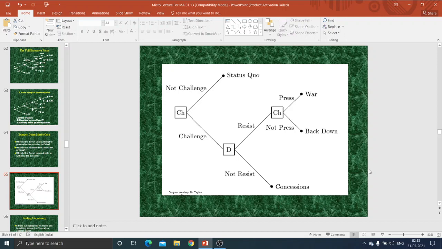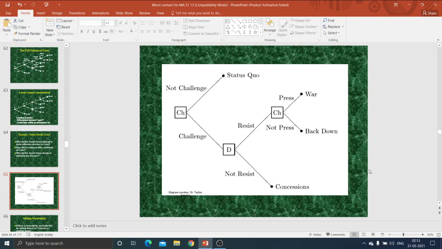Now, if they resist, then there are two possibilities for the Russians, because it's a sequential game in that sense. They can either press for war or just back down.